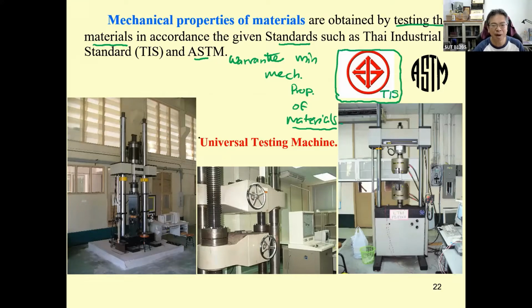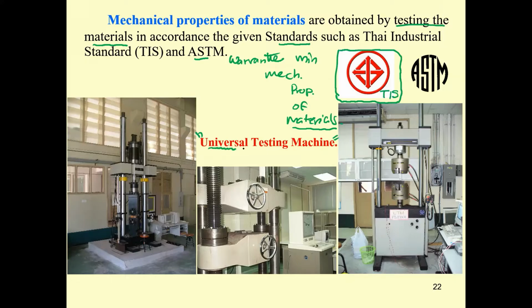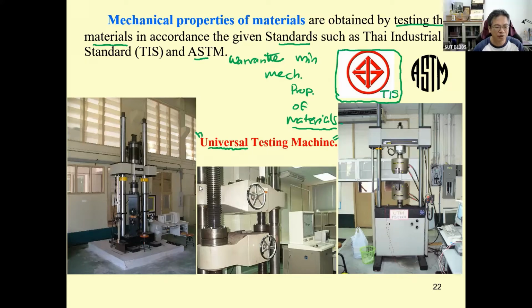We test this by using the universal testing machine, because this kind of machine can be used to test various types of tests. You may do the tension test by using the machine, or a compression test, where you just push down on the material. This one is going to be the tension.